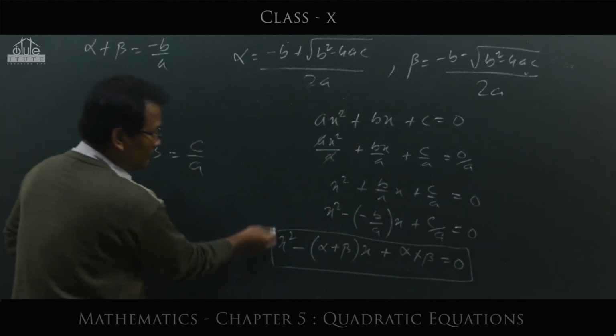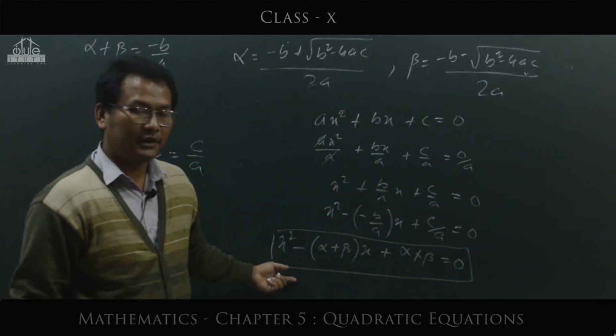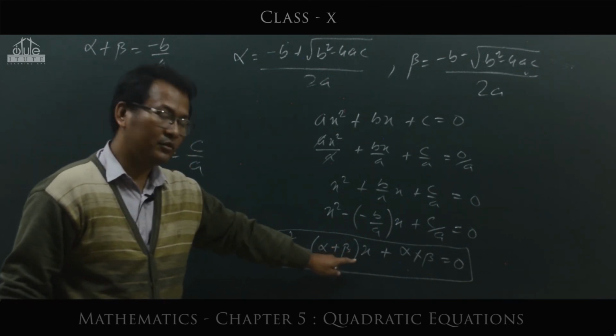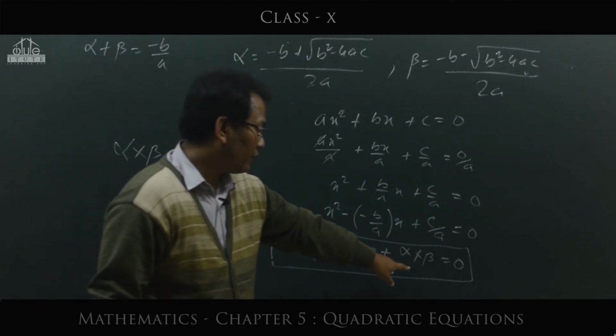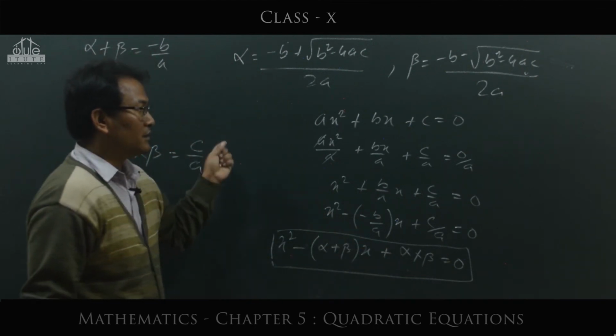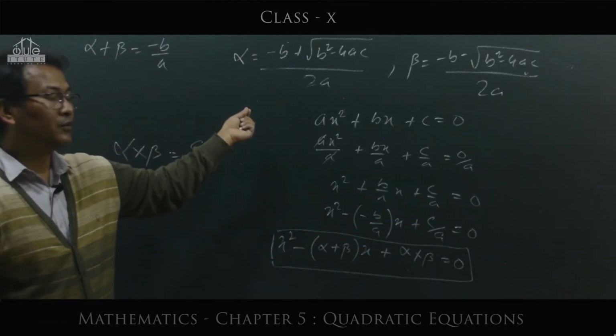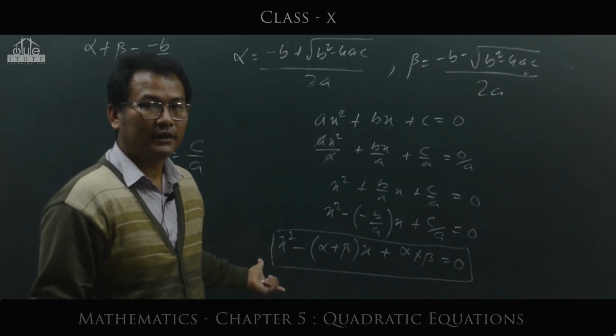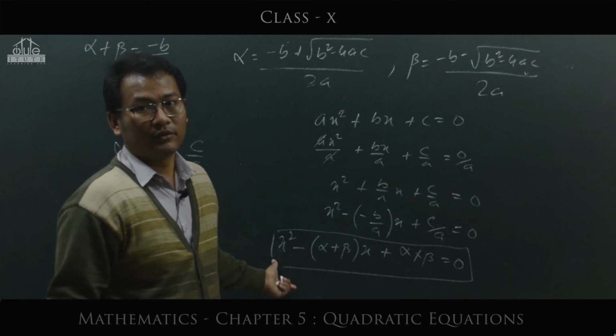So if you know the two roots, you can create a quadratic equation. Okay, so the coefficient of x will be the sum of the roots with a negative sign, and the constant number will be equal to the product of the roots. This is how, if the values of the roots are given, we can create a quadratic equation. So this is our chapter, quadratic equation.